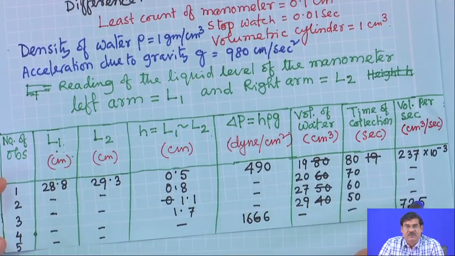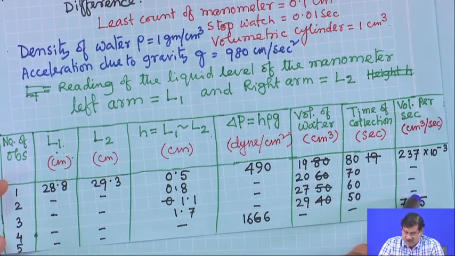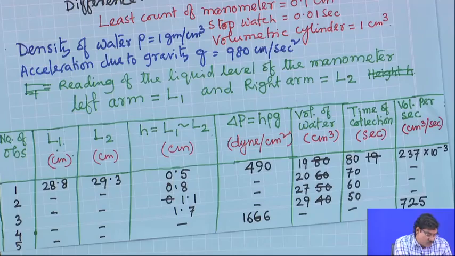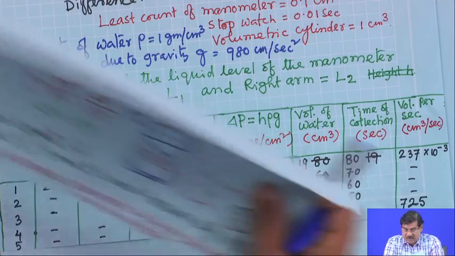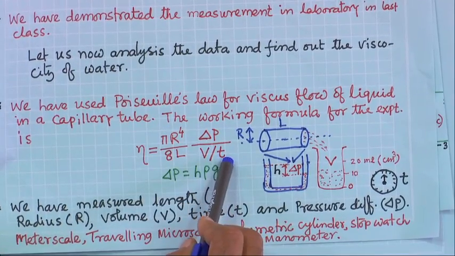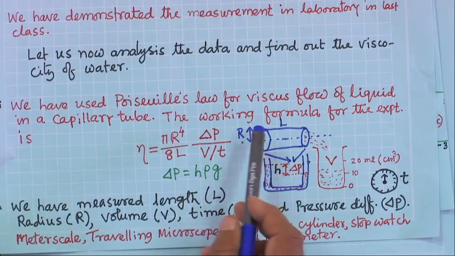So, that is the 5 data we have. Why have I taken 5, why not 3? Because of the working formula, as I told earlier, that eta equals this one. As I told, this table 3 is important.